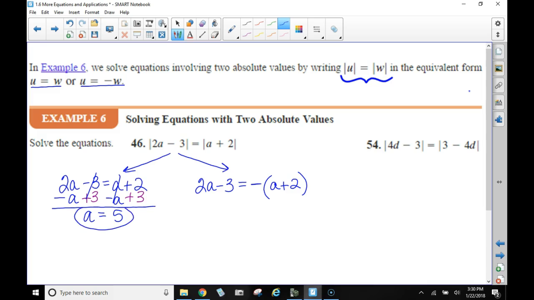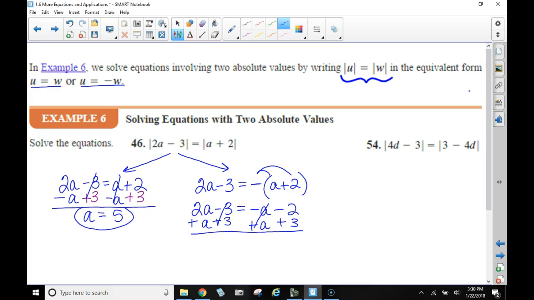Now, before we can solve this other equation, we need to clean up this right-hand side. So I'm going to bring down 2a minus 3. And now on the right-hand side, I have negative a minus 2. Let's get constants on one side, variables on the other. Let's see, I think I will add a to both sides of this equation. And also, again, add 3 to both sides.